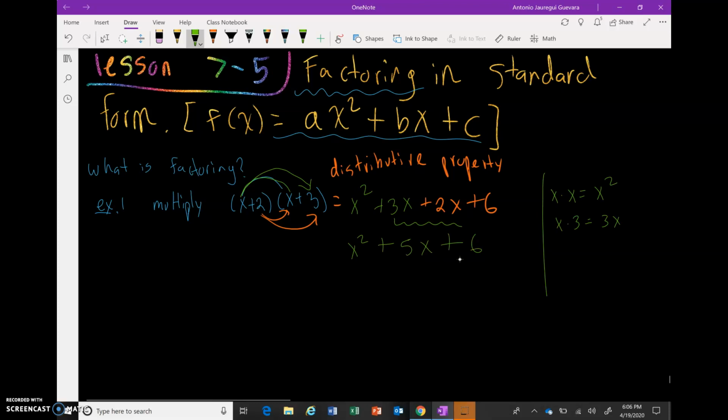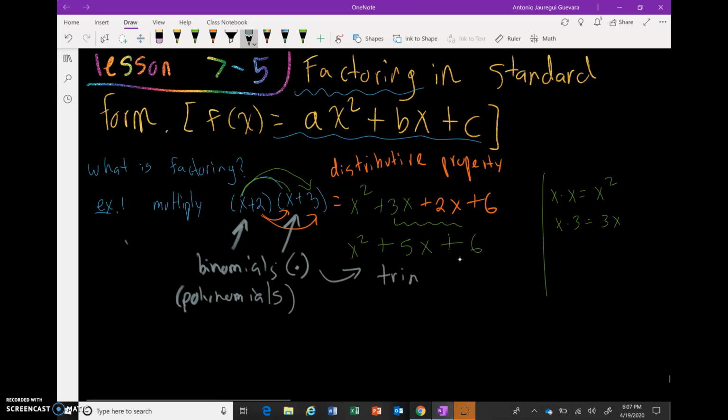Notice here that I think what the book is trying to get at is we have two polynomials, this is a polynomial and that's a polynomial. But more specifically, we call those binomials. So we have binomials being multiplied together, and when I multiply them I get a trinomial.